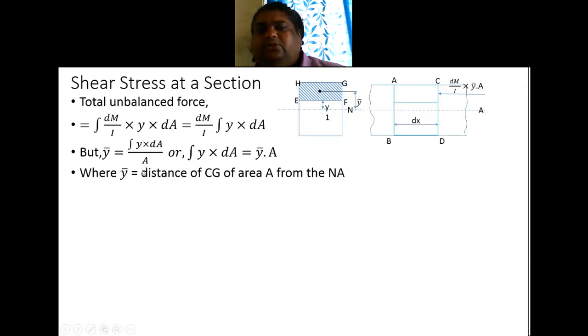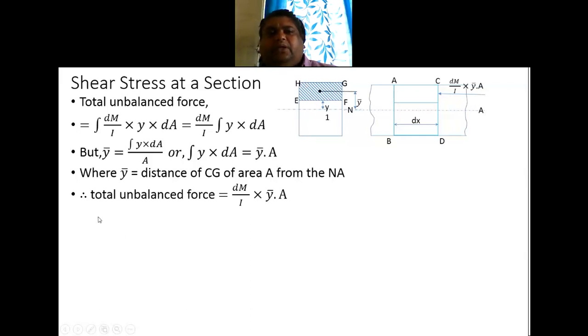See, y bar is not the distance of the CG of the entire cross section, it is for this particular section which I have considered, EFGH. Therefore, the total unbalanced force is equal to dM by I into y bar A, right?